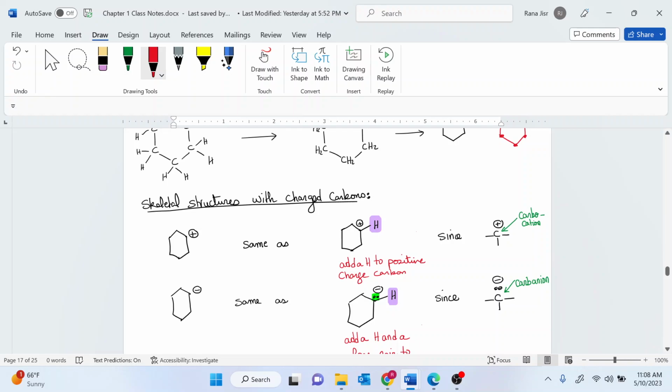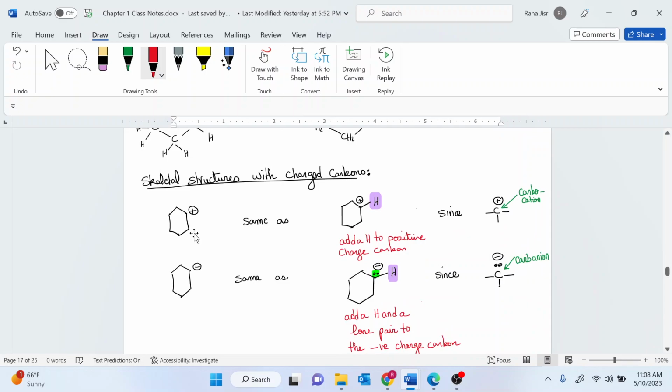Also, skeletal structures can have charges. However, when I show charges, I don't show lone pairs. So you have to remember that every time you have a positive charge, carbon needs to have three bonds, and to have a negative charge, carbon needs to have three bonds and a lone pair.